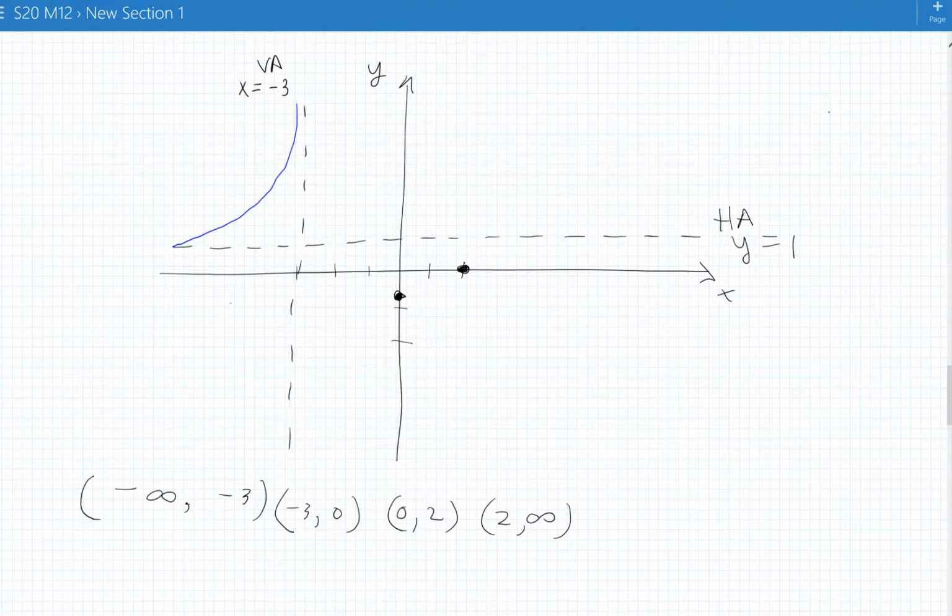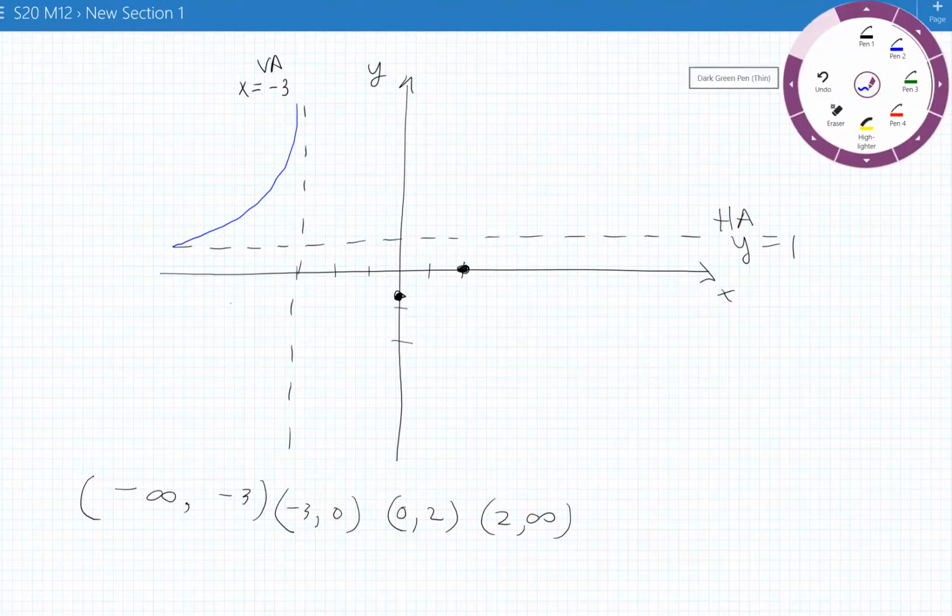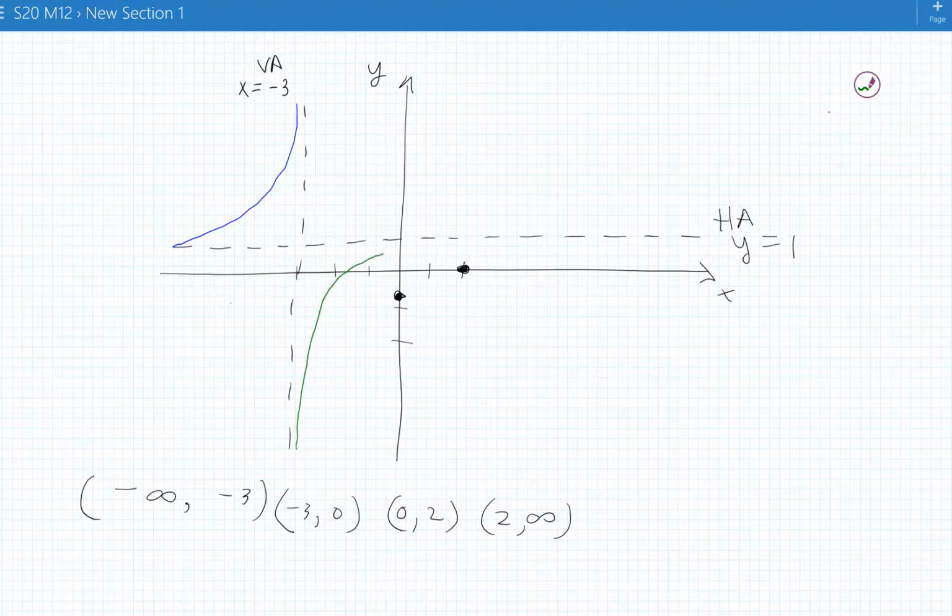Okay, so then from negative 3 to 0, again, we have to approach the vertical asymptote and the horizontal asymptote. So one choice would be to go like this, but we can't cross the x-axis, and we have to go through the y-intercept. So let's rethink this.